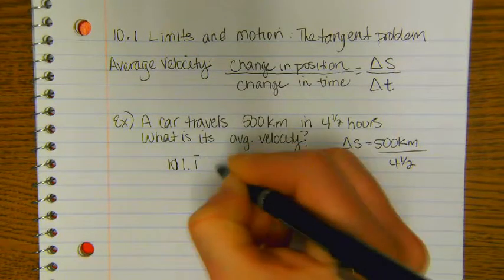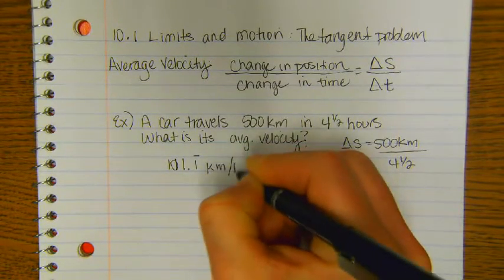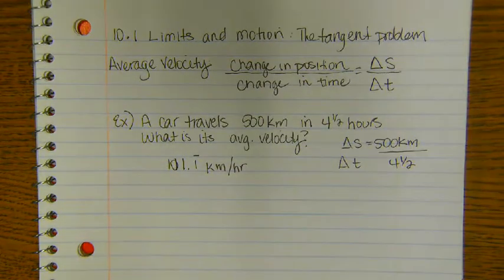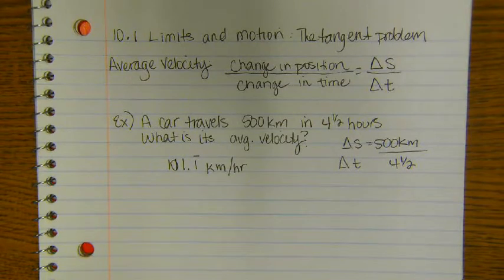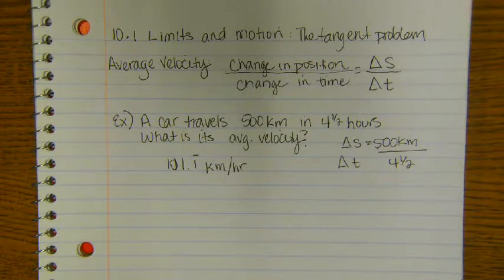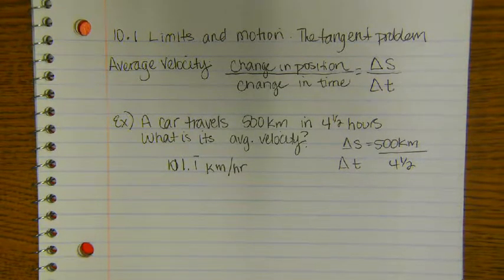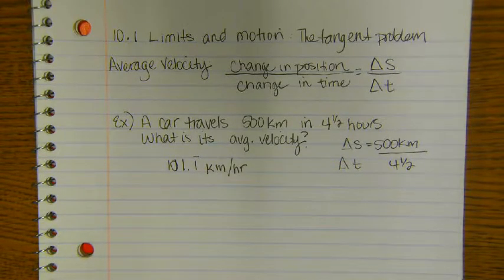Okay. So the question I'm going to pose to you then is, during that 4.5 hours, was the car going 500 kilometers per hour the whole time? No, it's just going to give us that average. So we don't know what the different speeds of the car were, but we do know how far it traveled over that time period.